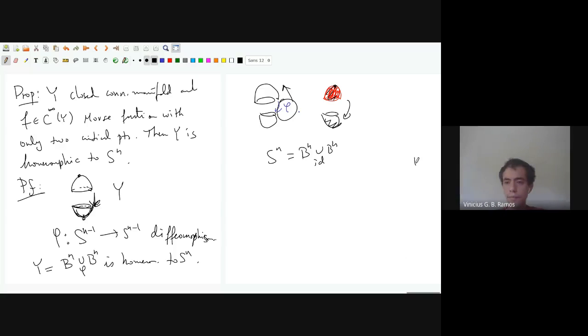And if n is sufficiently small, you can choose it to be a diffeomorphism. So if n equals 2 or 3, I think this can be chosen to be a diffeomorphism. But if n is bigger, then it's not true.